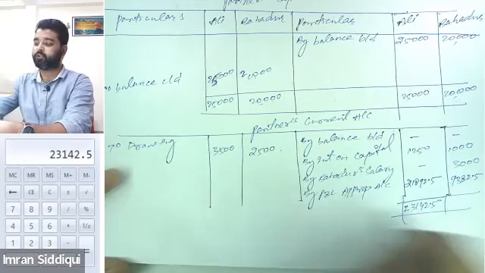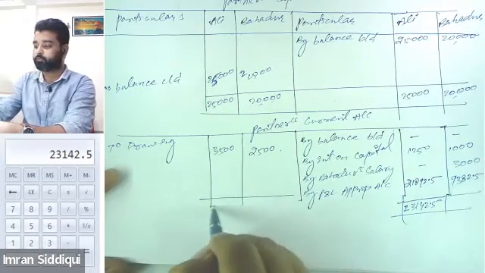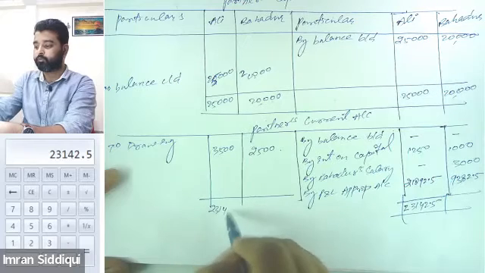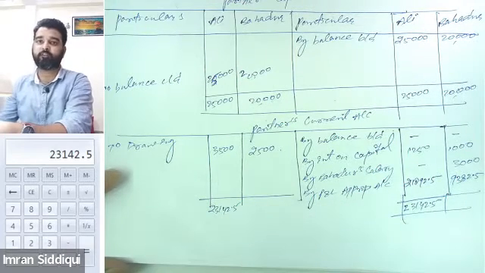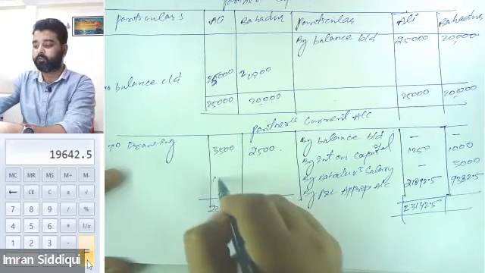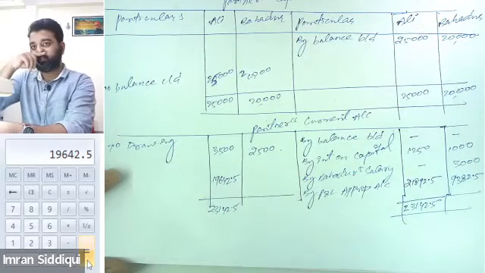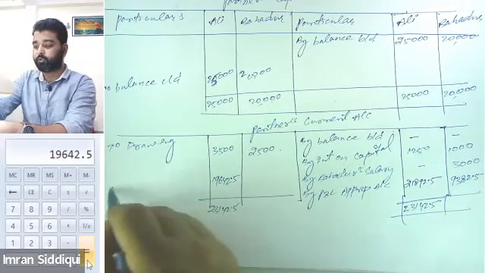Out of this value, we will subtract 3,500, and we will get 19642.5.